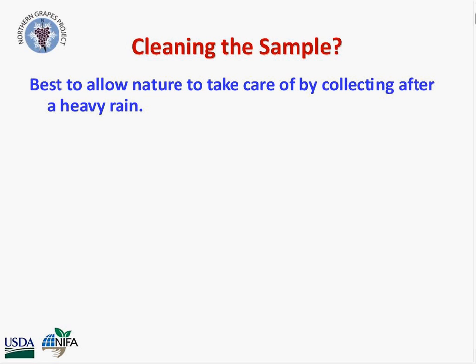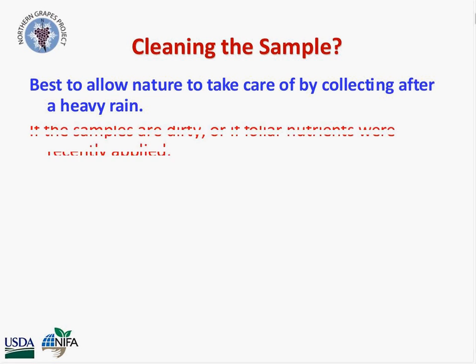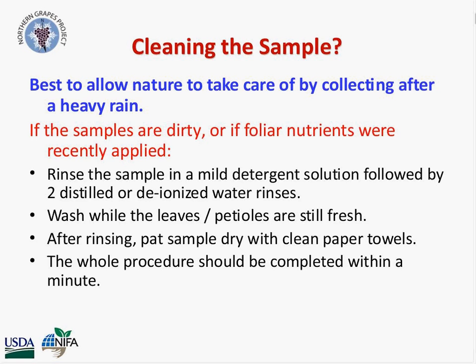The leaves should be washed while they're still fresh, and after rinsing, patted dry with clean paper towels. The whole process should be completed within a minute, and the reason for the time limit is that potassium can be leached out of the tissue if they get wet very long.